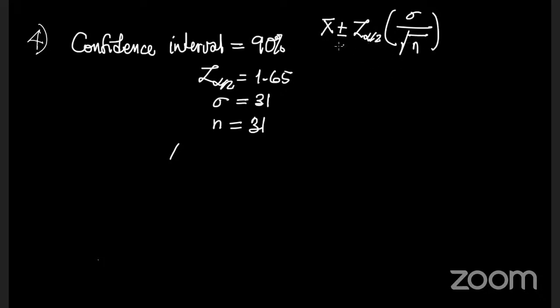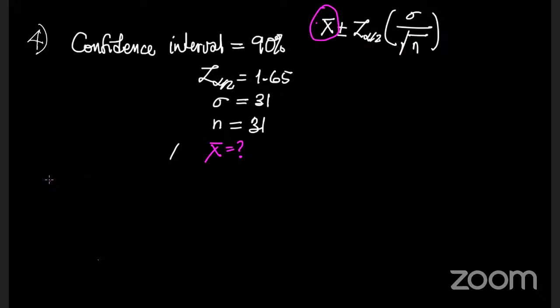What do we need to be able to find the required? Do we have the mean? No, we've not been given the mean, so we have to find the mean first. I think we know every other thing here to enable us find mu. So let's find the mean first.